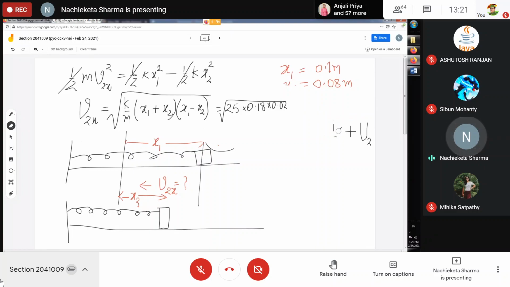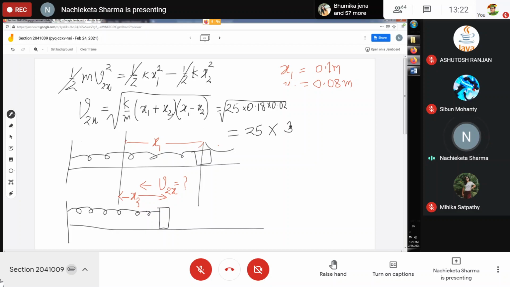Okay, first I will multiply this. I will write this 0.18 as 18 by 100 and 0.02 as 2 by 100. Then 18 into 2 will be 36, and 100 into 100 will be 10 to the power 4. So what I will be getting, you see, now everything has become very simple. 25, its square root will become 5. 18 into 2 will be 36.